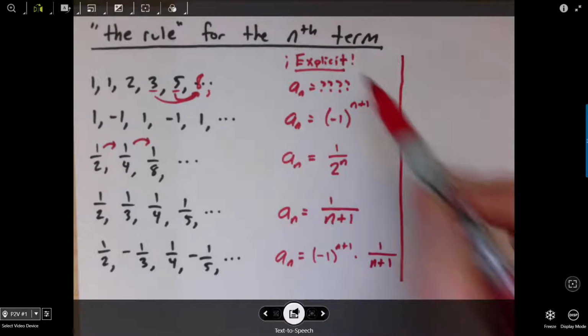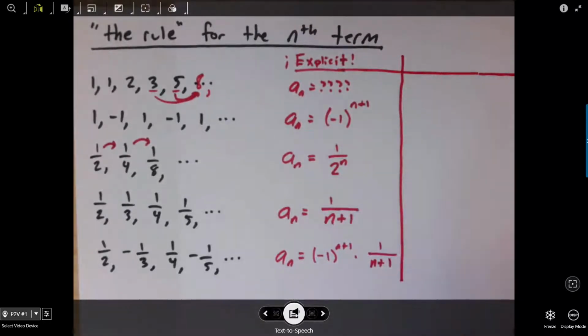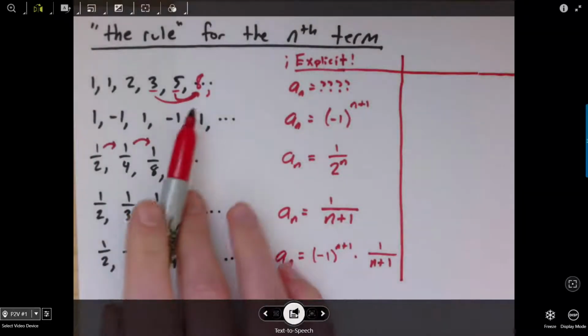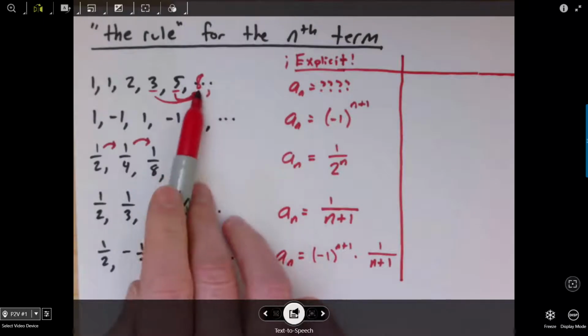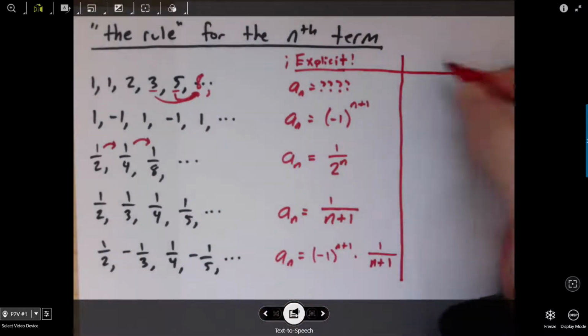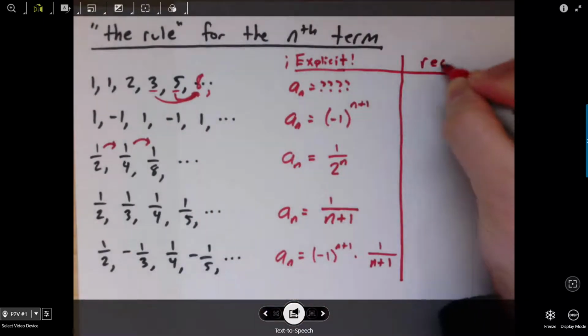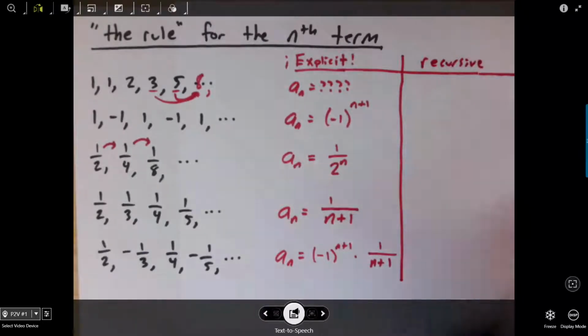What you can do, though, is write down that rule that I just said. I said the next term you can get by adding the previous two terms. That's a different kind of rule called a recursive rule. Recursive means something that's defined in terms of itself, which sounds kind of weird and circular, and I'll show you how to get out of that circularity in just a second.